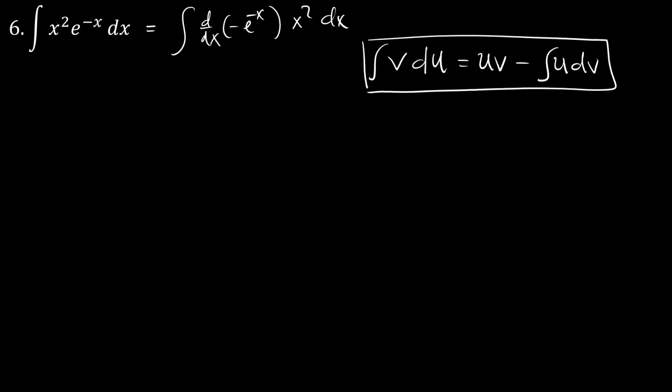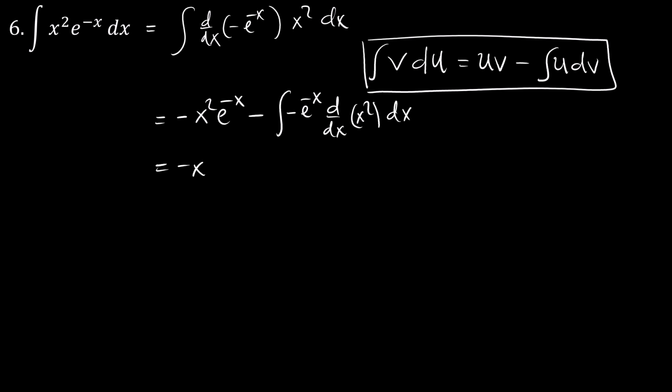So we've looked at this in a previous problem, so we won't expand on that too much. But uv would be negative x squared e to the negative x, minus the integral of negative e to the negative x times the derivative of x squared. So this is negative x squared e to the negative x.